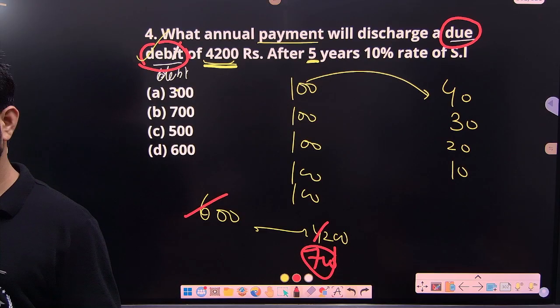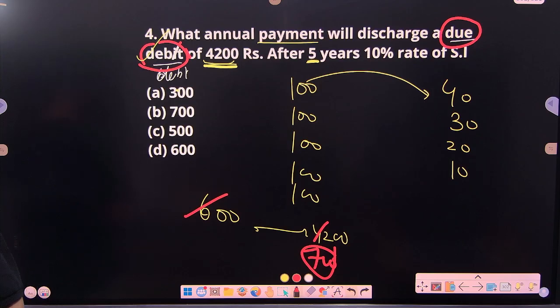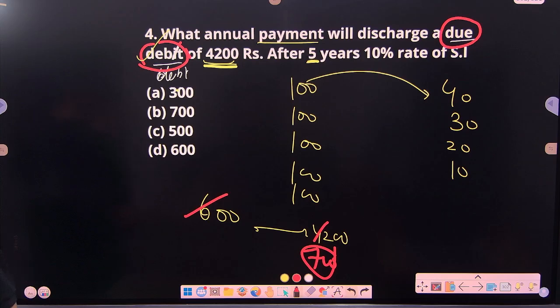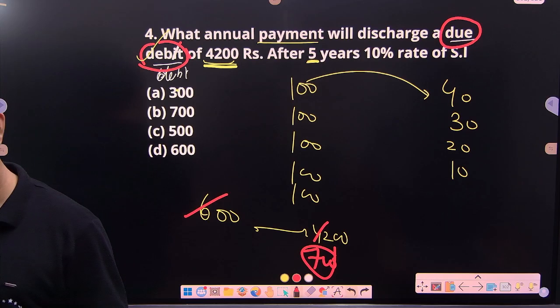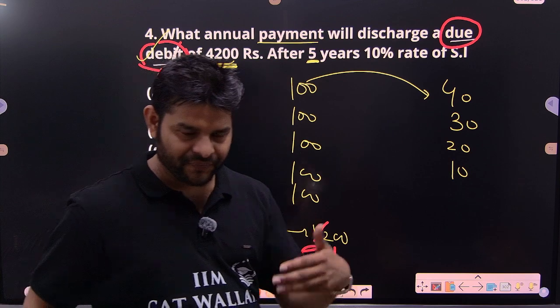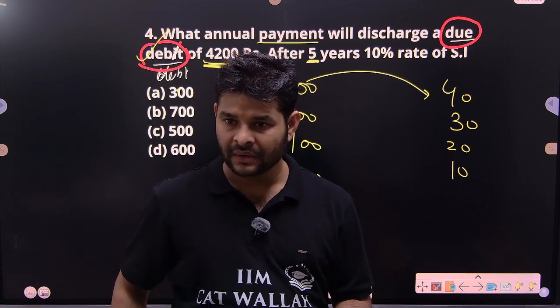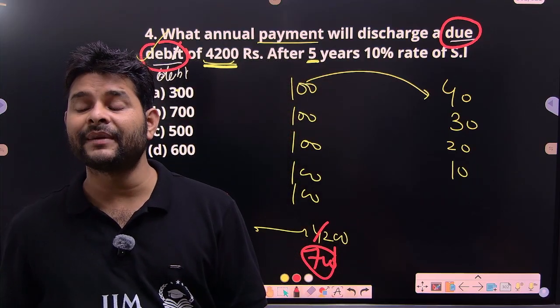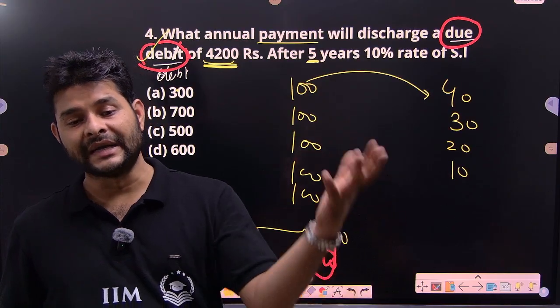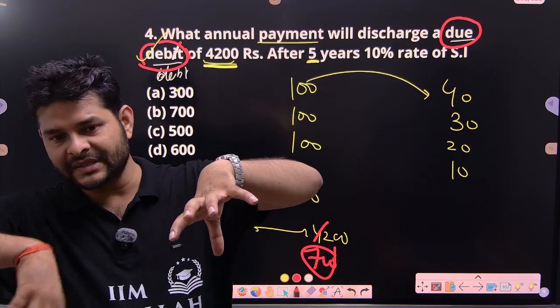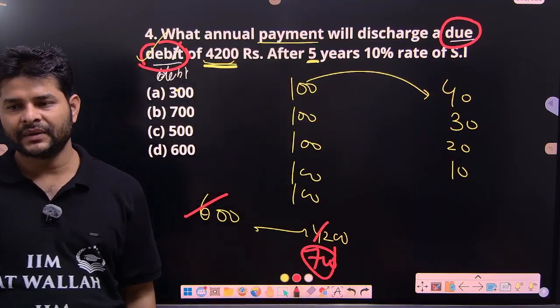So to discharge a due debt of rupees 4,200, how much do I need to pay on a regular yearly basis? 700. If you pay 700 in 5 years, the value would be 3,500, and for 700 you will get 700 as a form of interest. So that interest plus principal would be able to discharge your 4,200.